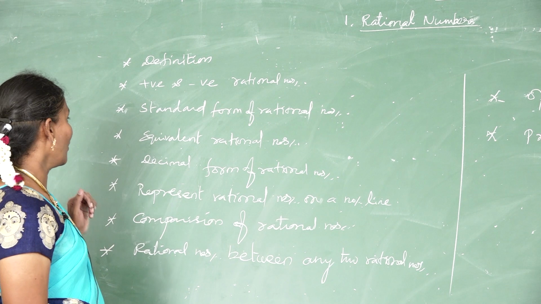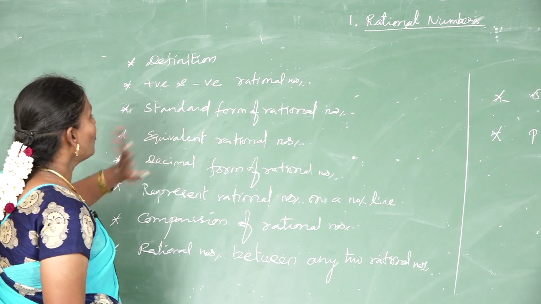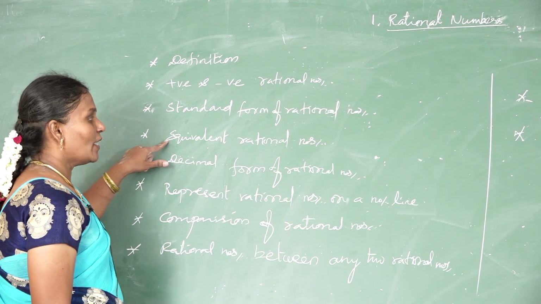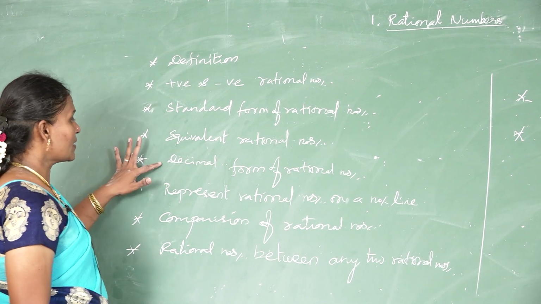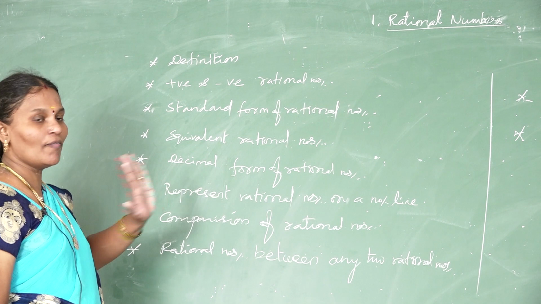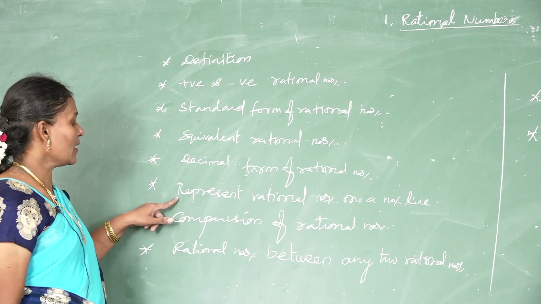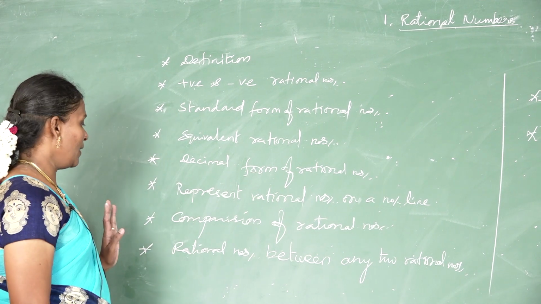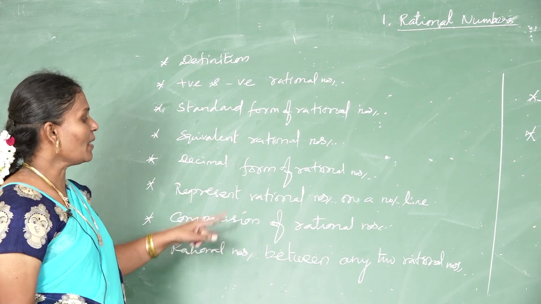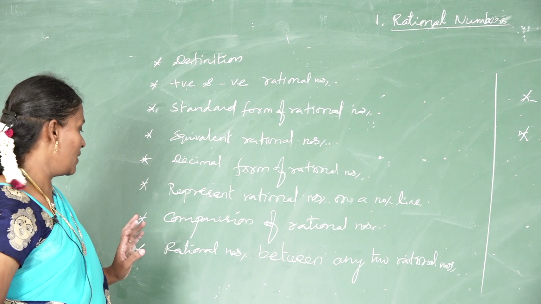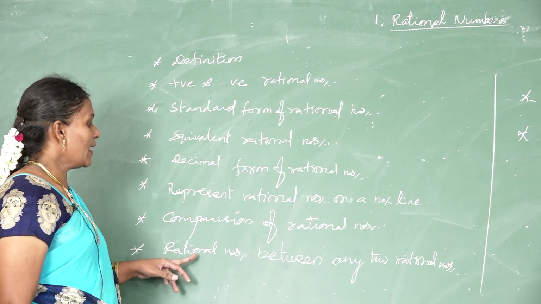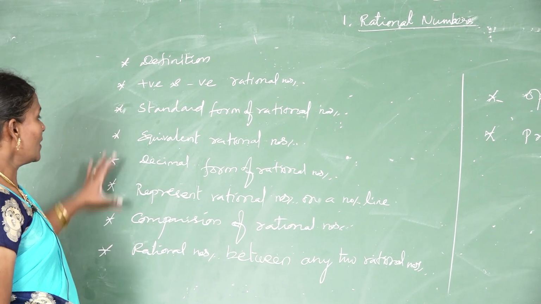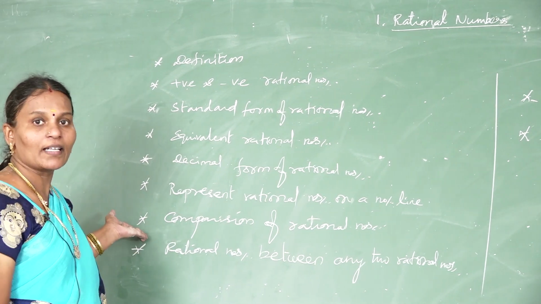Next, how to write the standard form of a rational number. Then equivalent rational numbers. The next heading is decimal form of rational numbers. Next, representing rational numbers on a number line. Next heading is comparison of rational numbers. The last heading, rational numbers between any two rational numbers. These headings we completed in this class.